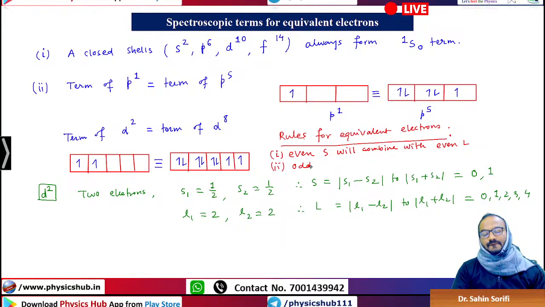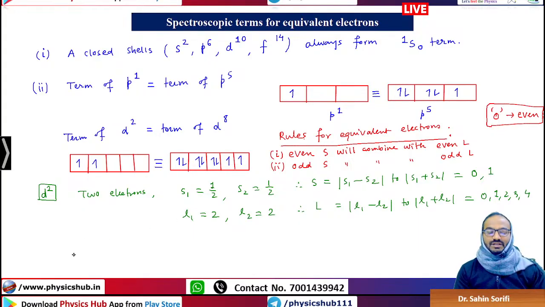Odd S will combine with odd L. And remember, 0 is always taken to be even. You may get confused about 0, so 0 you will consider even.